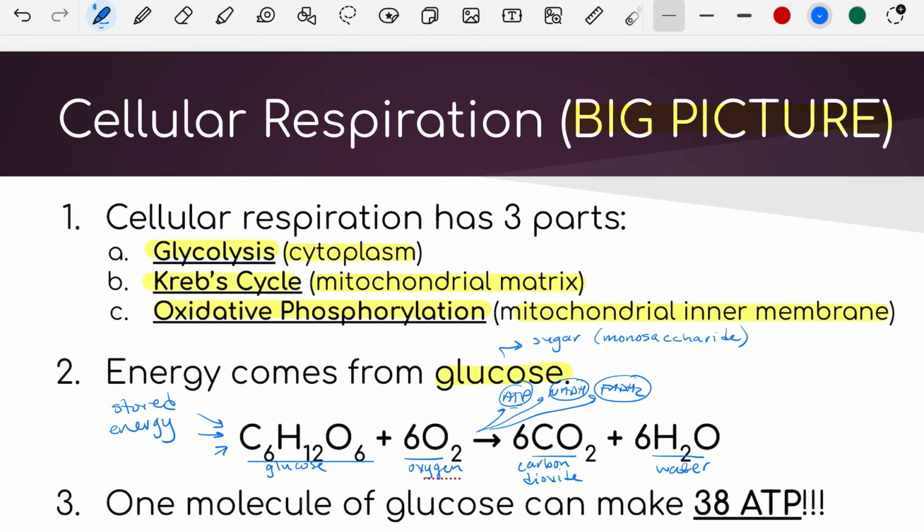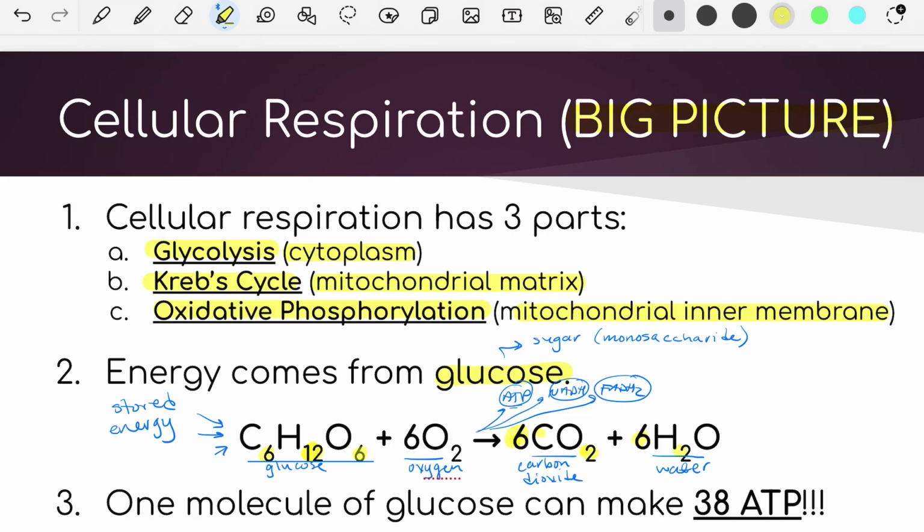Now you have to remember the law of conservation of mass requires that we have the same amount of everything on either side, so all atoms need to be accounted for. So if we've got six carbons on this side, we need to have 6 carbons on this side, right? If we have 12 hydrogens on this side, then we need to have 12 on this side. 6 times 2 is 12, so there's 12 hydrogens there.